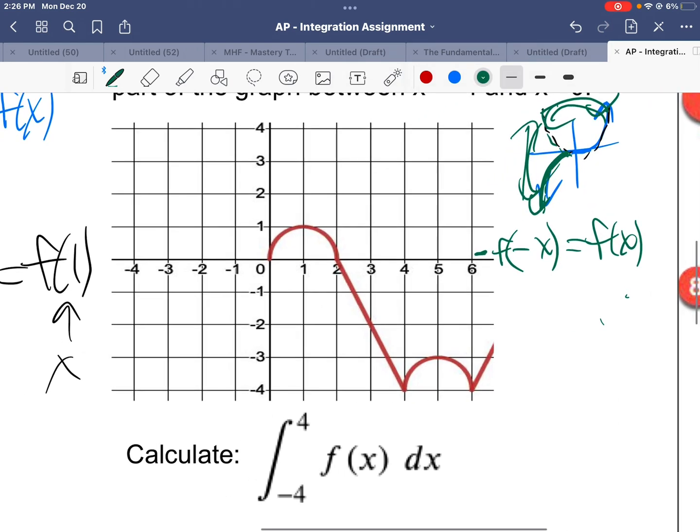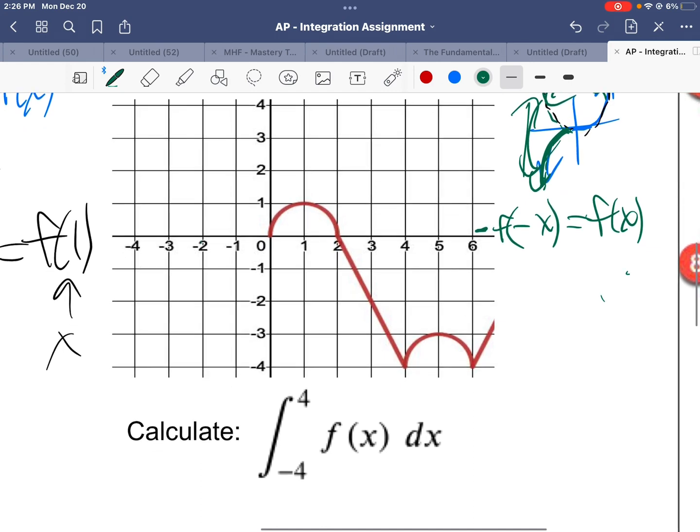So for this one, I'm going to reflect it horizontally, okay? Then I'm going to reflect it vertically. Same thing here. I'll take this part of the graph right here, and I will reflect it horizontally. It looks like that. And then I reflect it vertically, and it goes up here like that.